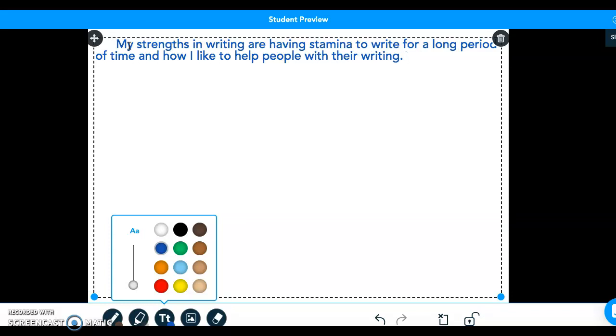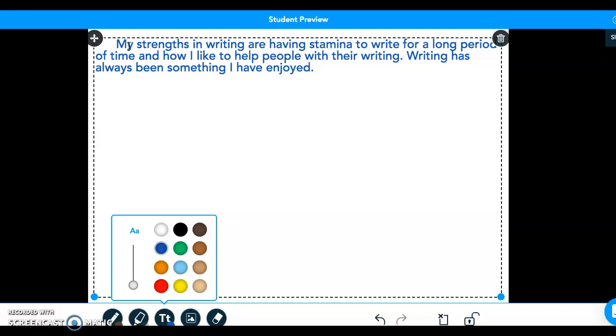Then I need to talk more about this stamina that I have in writing. So I could just say, writing has always been something I have enjoyed. And I might talk a little bit about my struggle at first to write for long periods of time.